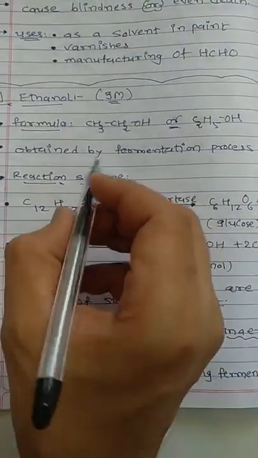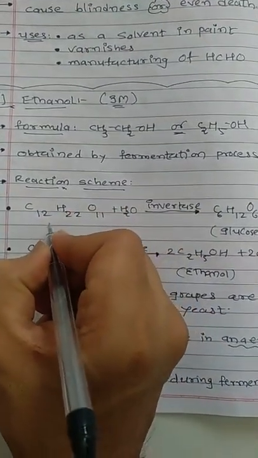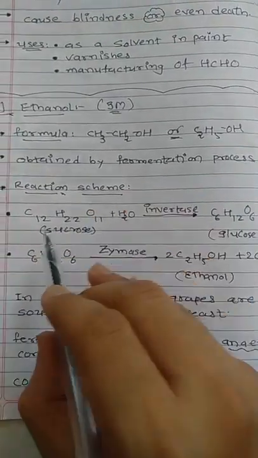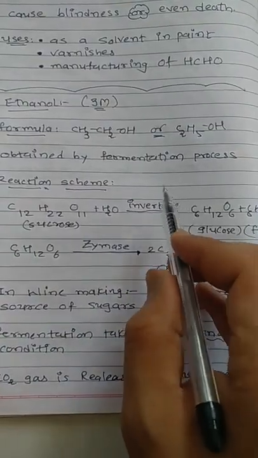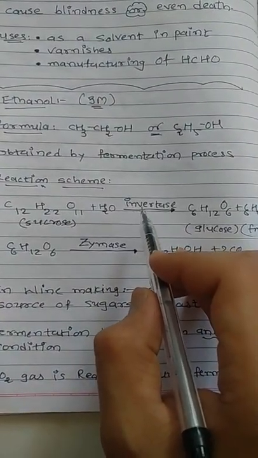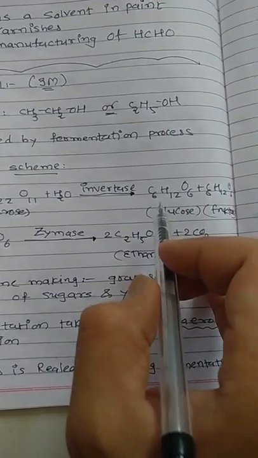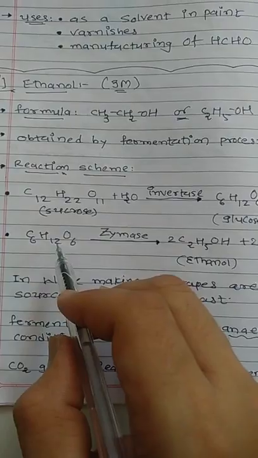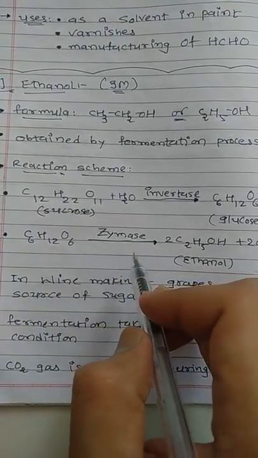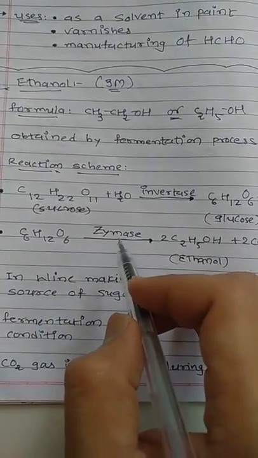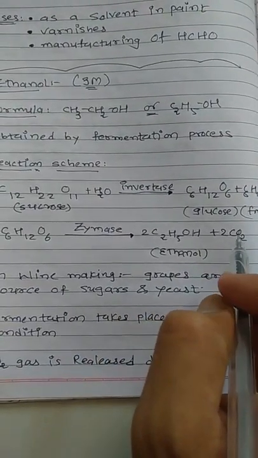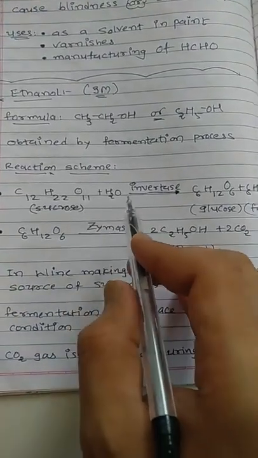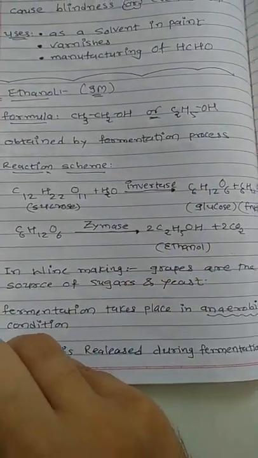This is sucrose, C12H22O11, which is table sugar. Sucrose is fermented in presence of invertase as an enzyme, which converts it to a glucose and fructose mixture. This mixture is further fermented in the presence of zymase as an enzyme, which gives ethanol and carbon dioxide. So we get ethanol in a total of 2 steps via fermentation.